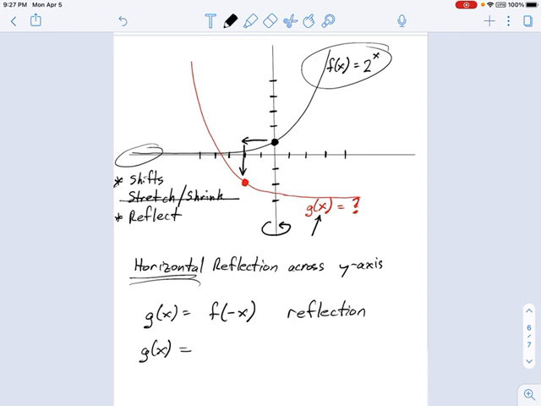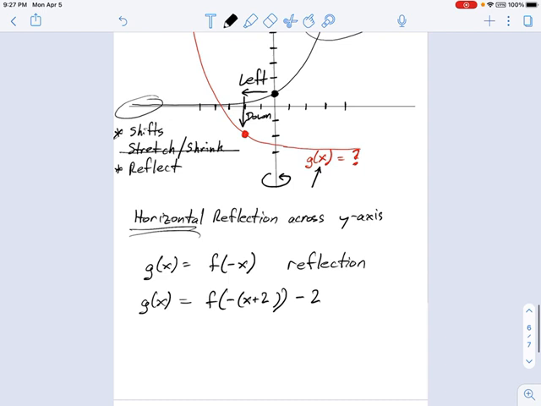We also have, instead of x inside the parentheses, it's actually a shift. It's x, and we're going left by 2 units. So remember, a shift to the left is x plus 2. And then we're also going down by 2 units, so that's going to be a minus 2 outside the parentheses. So there we have it, f of negative x plus 2 minus 2.